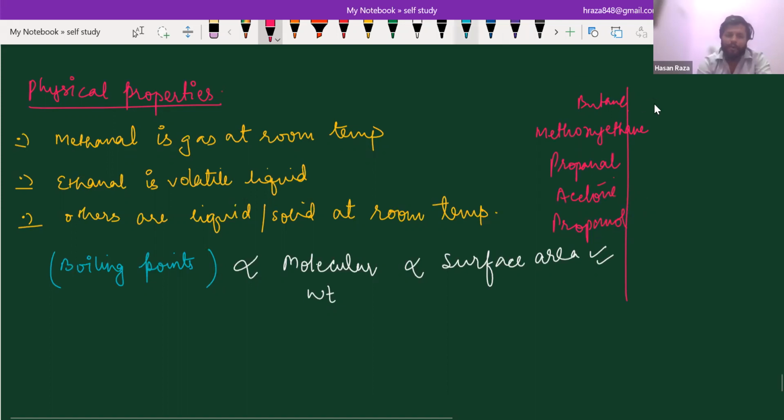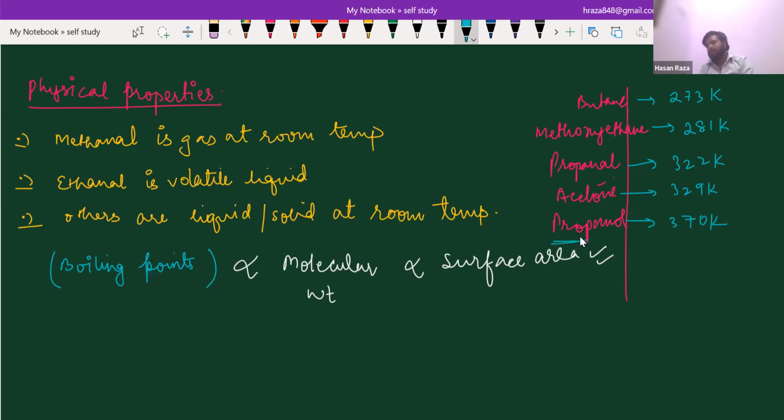If you look at the boiling points, they are 273, then 281 Kelvin, then 322 Kelvin, then 329 Kelvin, and then 370 Kelvin. Do you know why alcohol has a higher boiling point than all of these? It is because it has hydrogen bonding, which is giving extra stability to it.